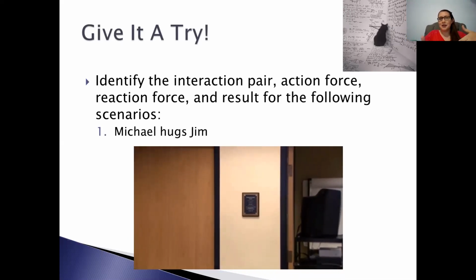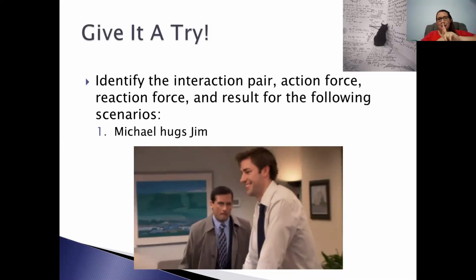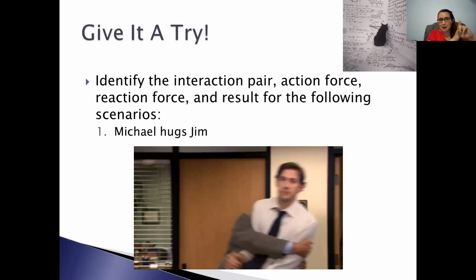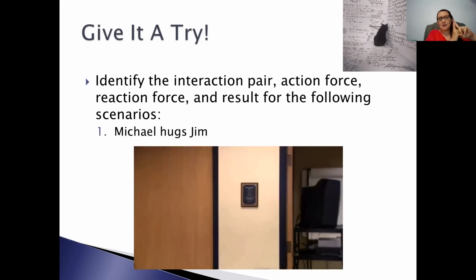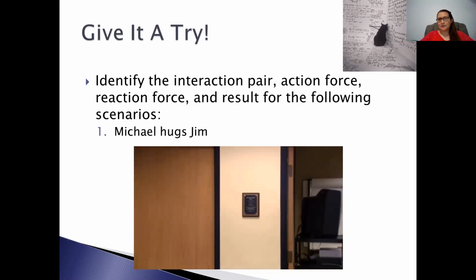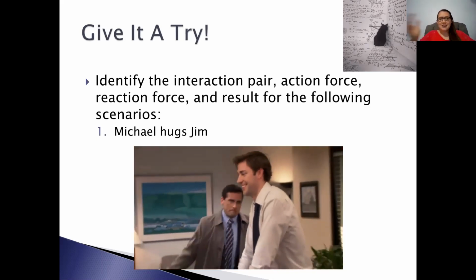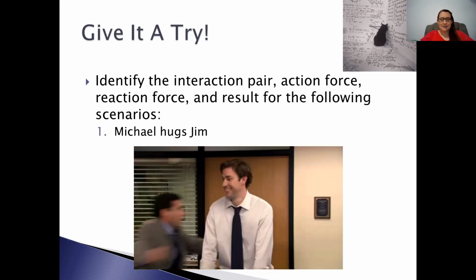He literally knocks him sideways. So action force, Michael hits Jim. Reaction force, Jim's body hits Michael. And then the result is that Michael shows his affection. Whatever you think the result is, Jim goes flying sideways, all that jazz.